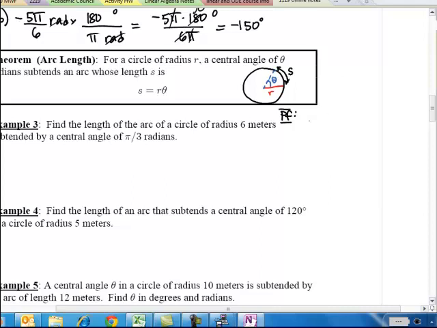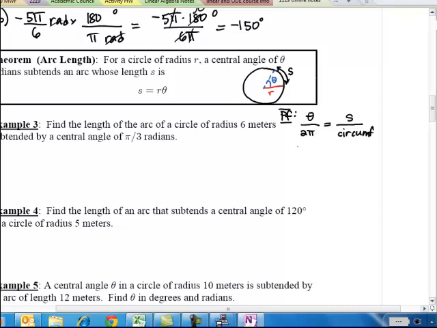The entire circumference would be 2 pi r, because we'd have 2 pi r for the whole circle. And what we can use for the proof is that the ratio of the interior angle to the entire number of radians in one revolution should be the same as the arc length compared to the circumference. Right, so the ratio of the part of the angle, or the angle that we have, to the entire number of radians in one revolution should be the same as the ratio of the edge that we have to the whole edge.